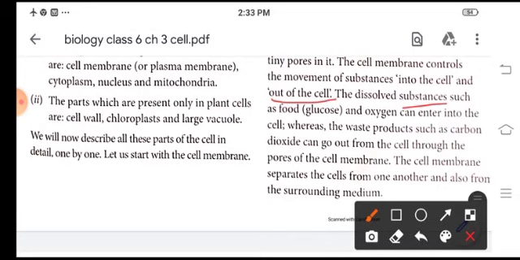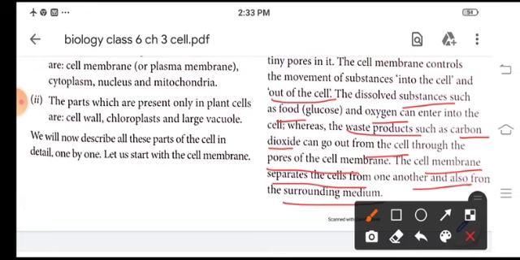The dissolved substances like food and oxygen can enter into the cell, whereas the waste products like carbon dioxide go out from the cell through the pores of the cell membrane. Now the cell membrane also separates the cells from one another and also from the surrounding medium.